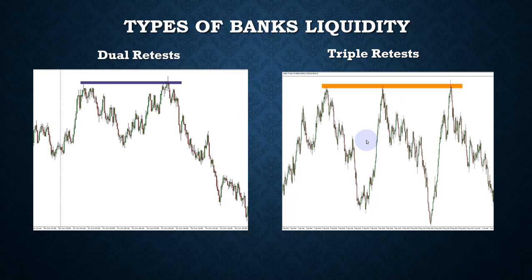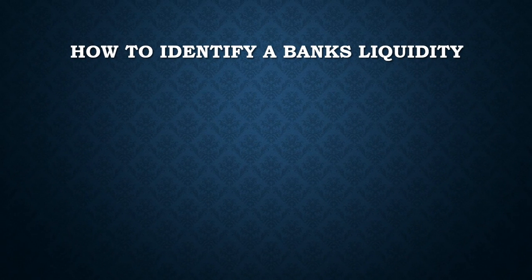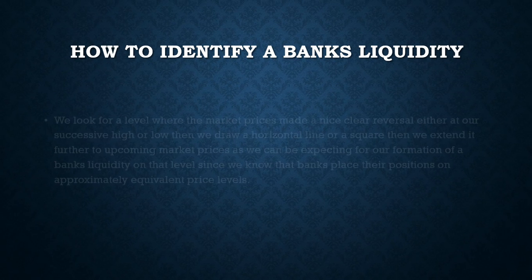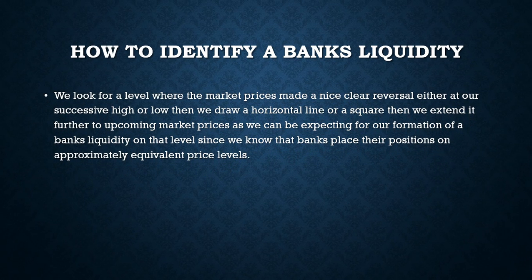Going forward, we have to be able to identify a bank's liquidity. The first step is to look for a level where the market price made a nice clear reversal, either at a successive high or low.